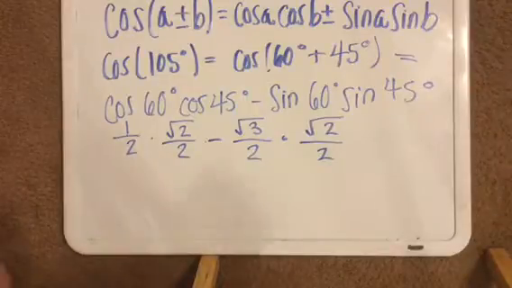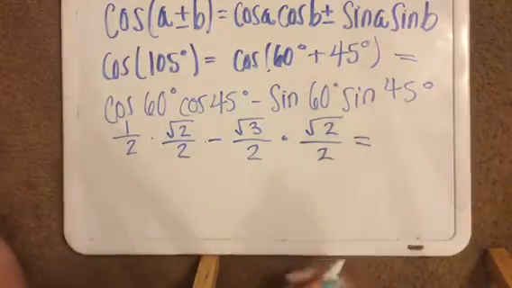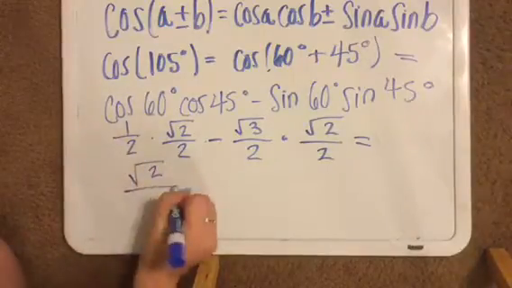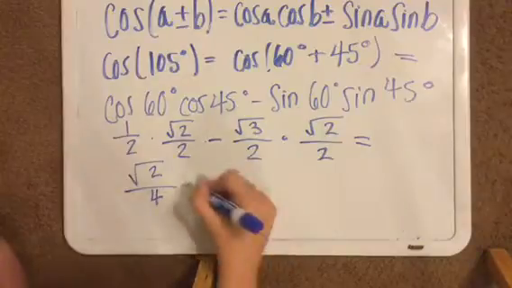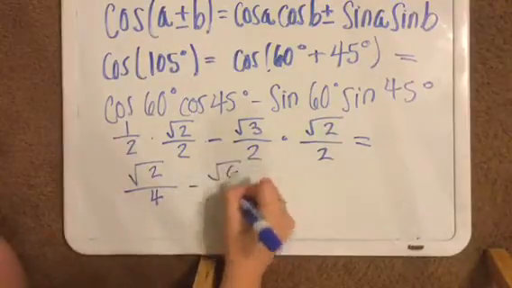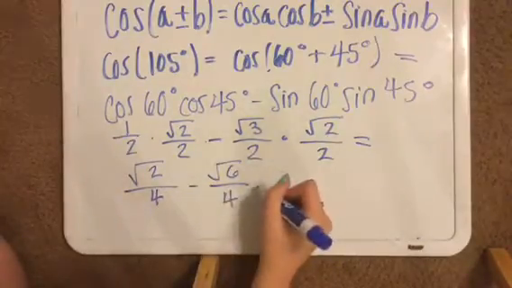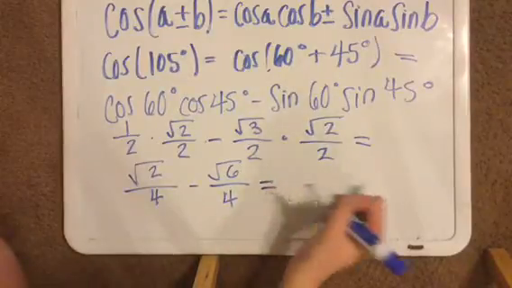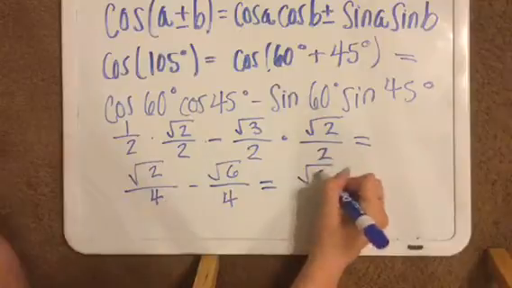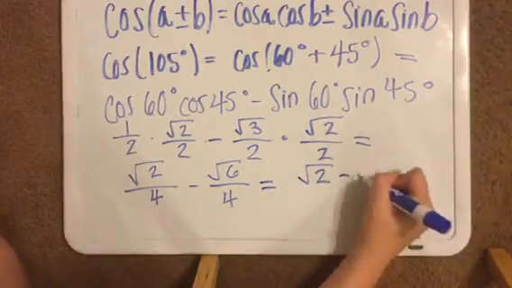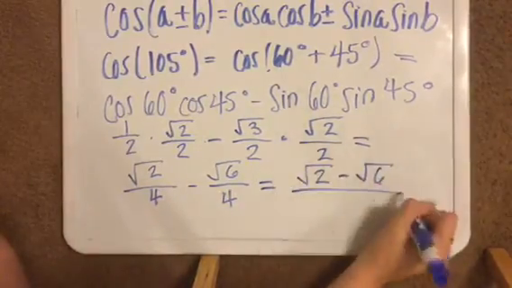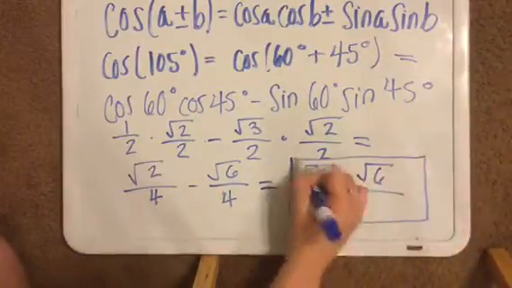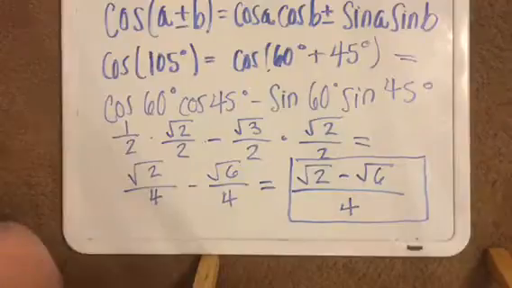You will then simplify this even further to get the square root of 2 over 4 minus the square root of 6 over 4. Then you will simplify again and you will get the square root of 2 minus the square root of 6 over 4, and this will be your final answer for cosine.